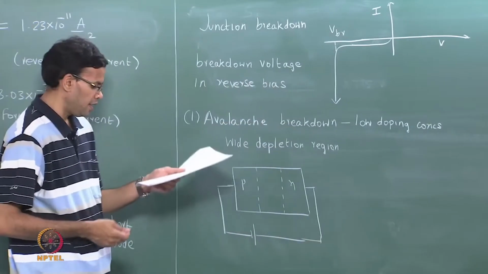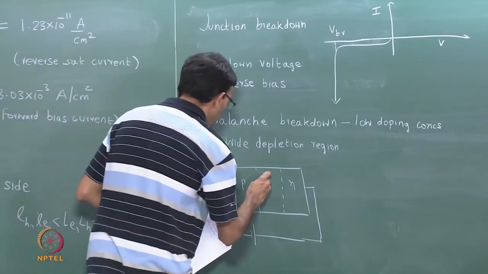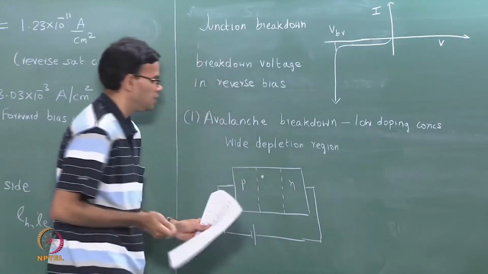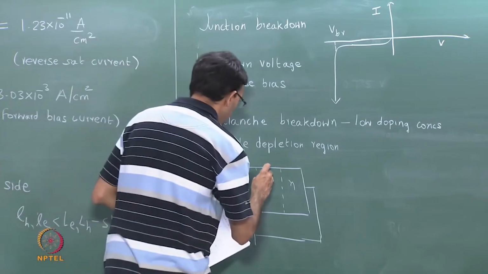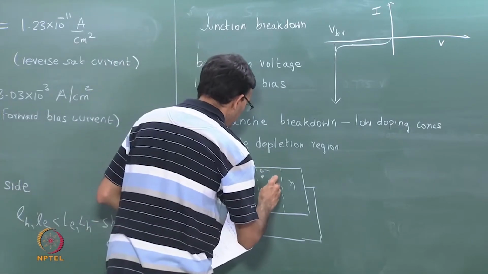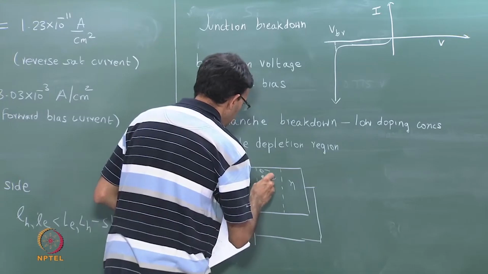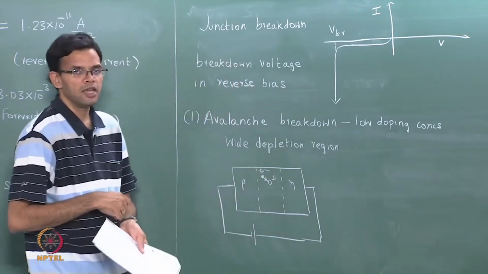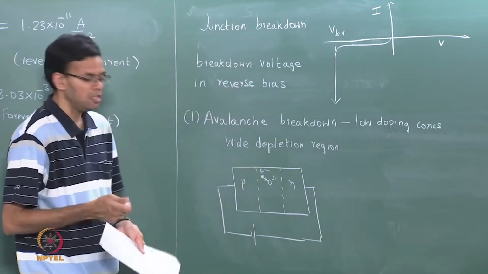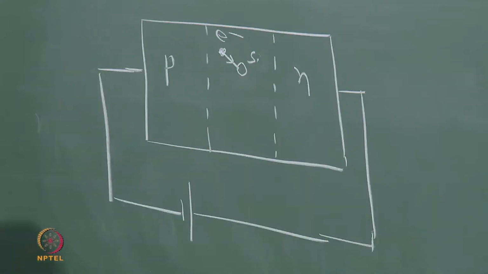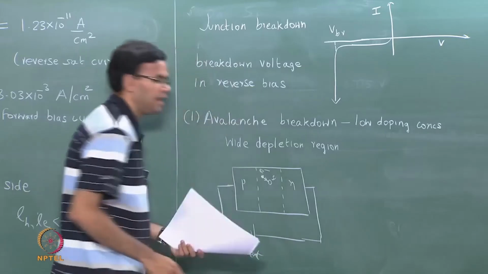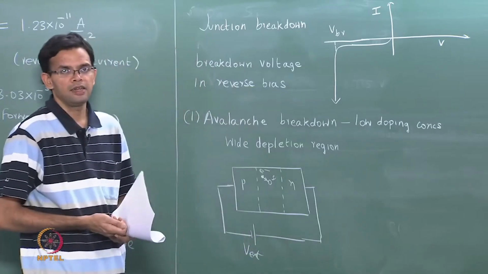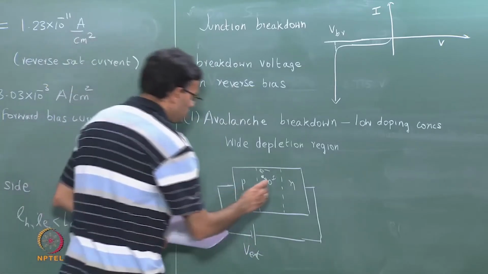So, in this particular case, an electron that is being accelerated by the field can essentially interact with a silicon atom, and because it has sufficiently high energy because of the large external potential that is applied, that electron can ionize the silicon atom and produce more electrons.